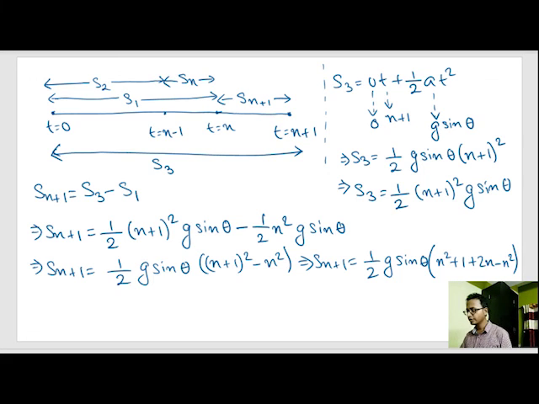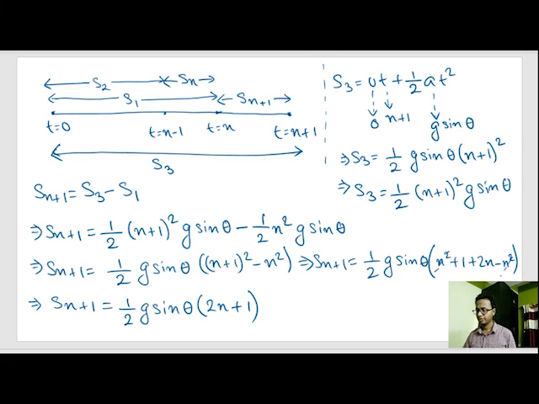Okay, so this n square and this n square get cancelled. Sn plus 1 becomes half g sin theta into 2n plus 1. Okay, so we get our value of Sn plus 1.